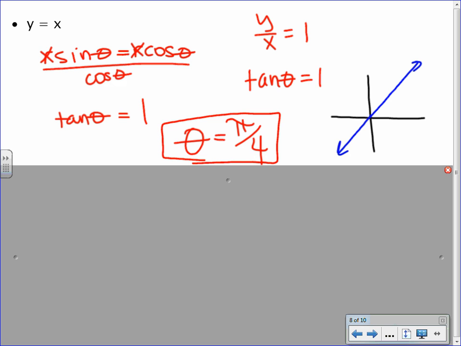Okay, pi over 4, right? So our equation is theta equals pi over 4. Notice how there's not an r in here? No matter what r is, we have rotated pi over 4. Okay, there's our line.